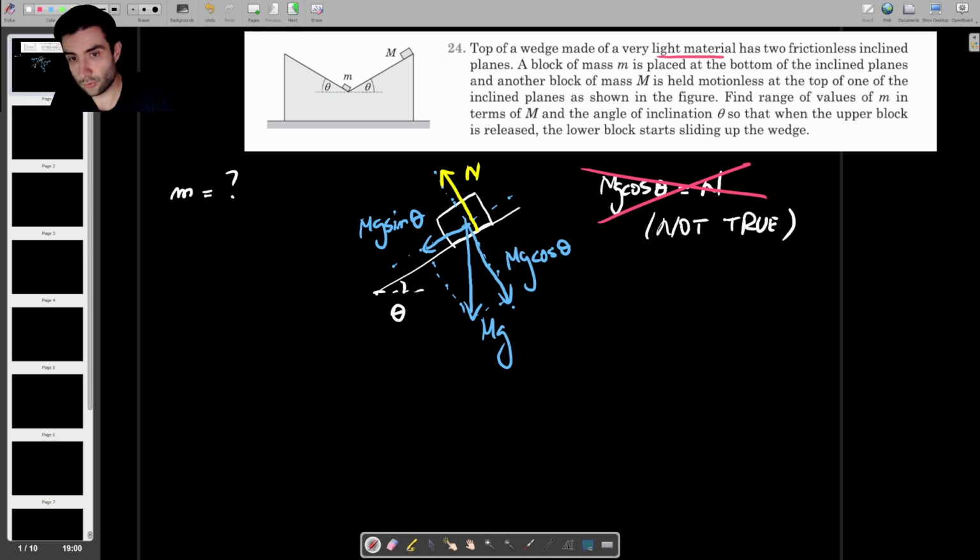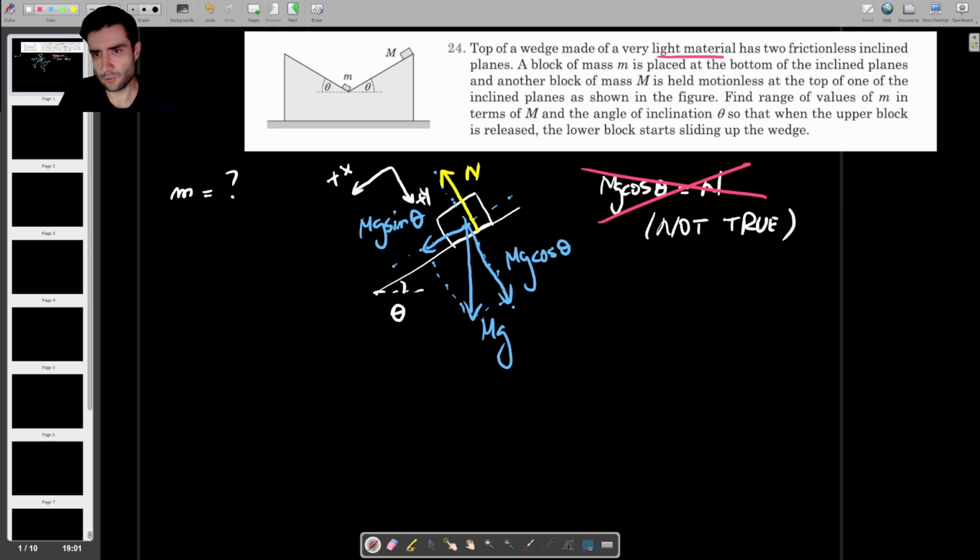And we're going to do it in the tangential direction and then in the normal direction. So in the tangential direction, we have, well, let's pick our axis first of all. So I'm going to say that this is going to be my positive direction, which I'm going to call x, and this is going to be also my positive direction, which I'm going to call y.